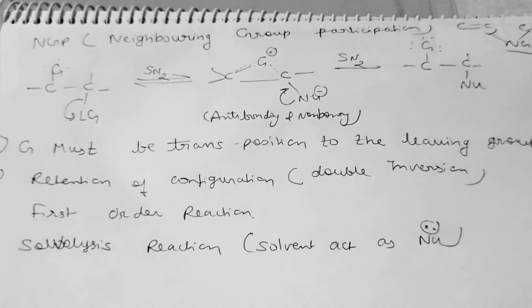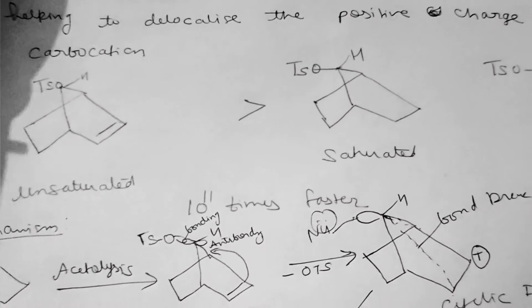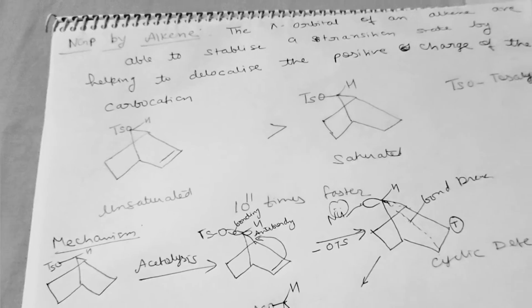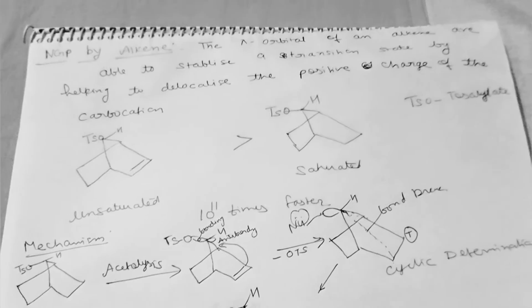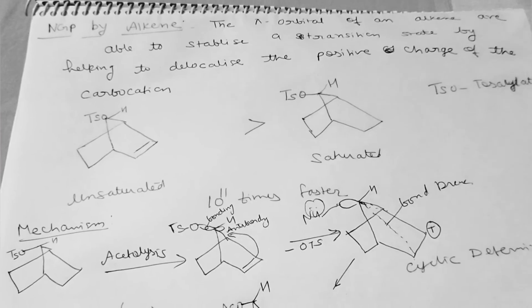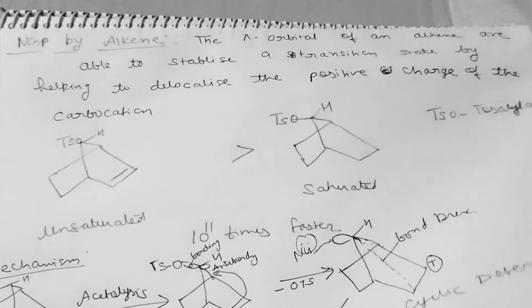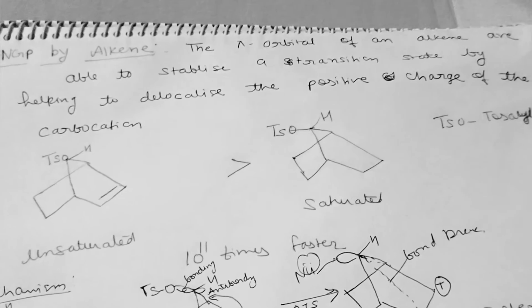Now we can start with how the double bond and single bond, pi bond and sigma bond, are used. Now we are taking NGP by alkene. NGP by alkene means where the double bond will be involved.